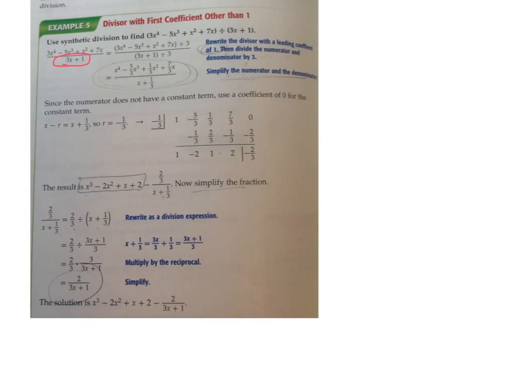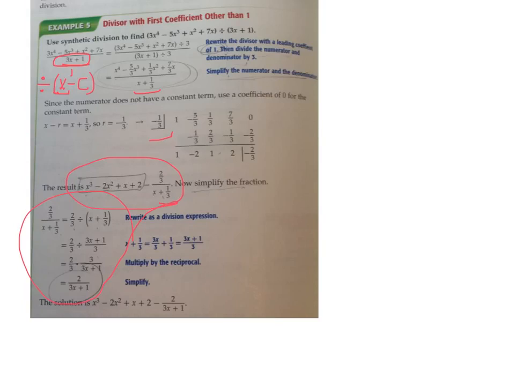Remember before when I said to use synthetic division, you have to divide by x minus c so that your variable has the coefficient of 1 and it has the exponent of 1. So what they've done is they've divided this by 3 so that they can use synthetic division. Then when they're done, they are fixing it back up, and that's what this process is all about.